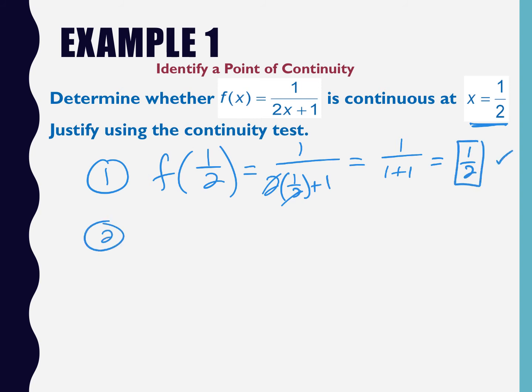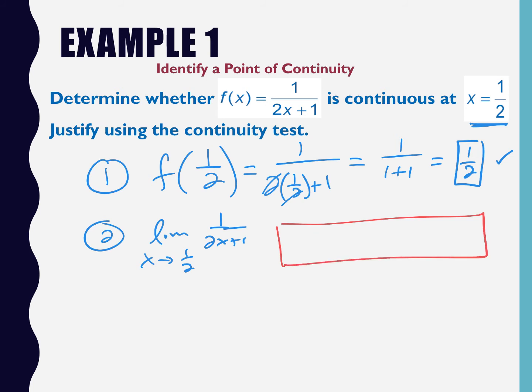Step 2, now you're exploring if the limit exists. So the limit as x approaches 1/2 of the function. To do that on my calculator, remember, we have to set up our table. For this one, we're going to put 0.5 smack dab in the middle.